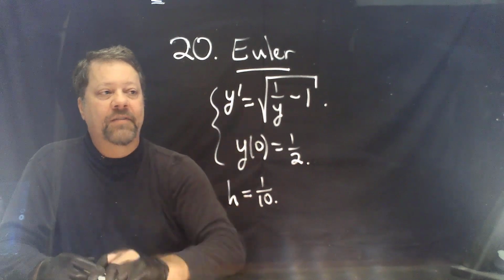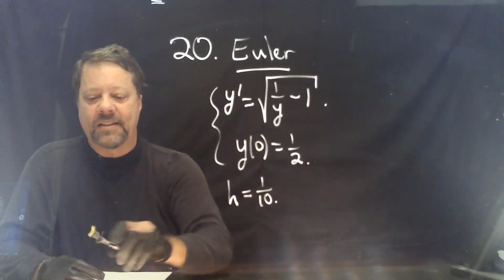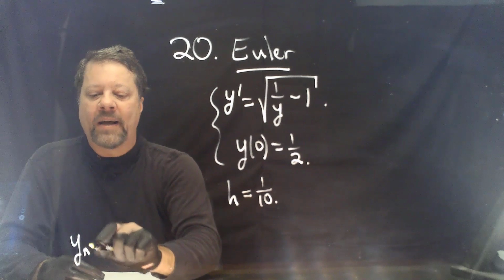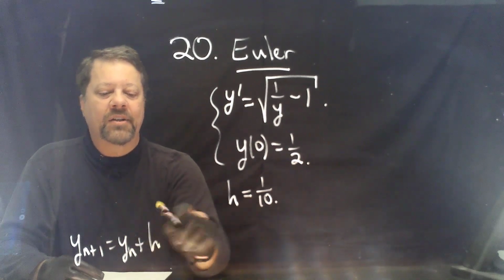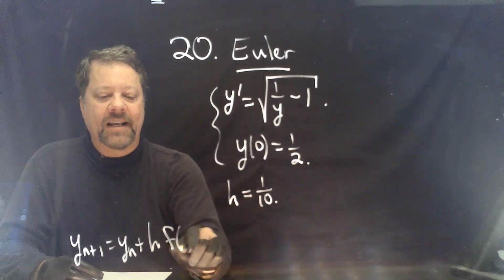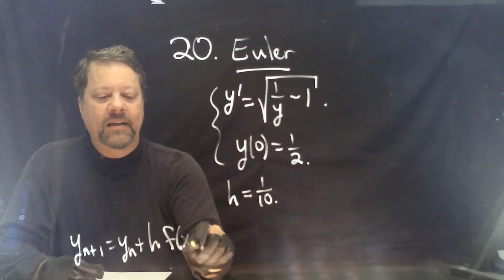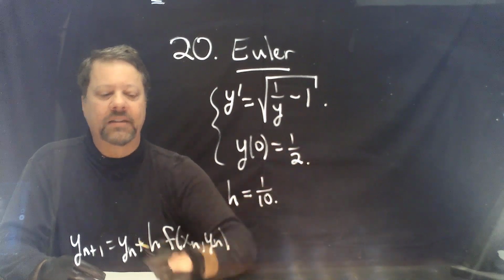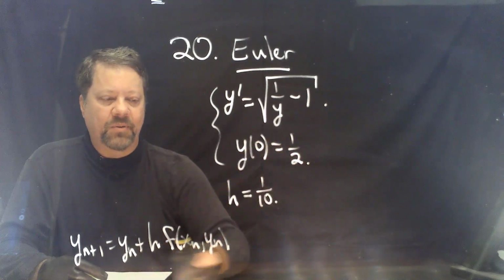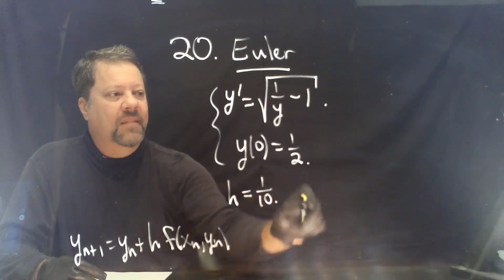Now, Euler's method for differential equations like this would be y n plus 1 equals y n plus h times the function on the right-hand side evaluated at x n, y n. In this case, there are no x's over here, just y's. So we'll plug in our y n.